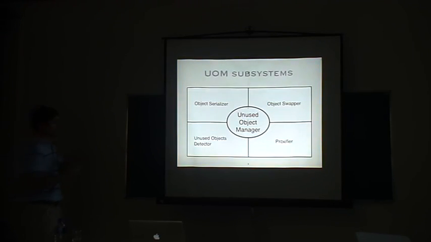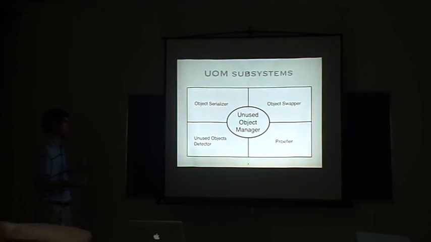So basically, I discovered that there could be some distinction, some subsystems inside this object manager, and we found that we have the object swapper, which takes the graph to swap out and replaces objects by proxies, and the serializer, which serializes the object to a string.